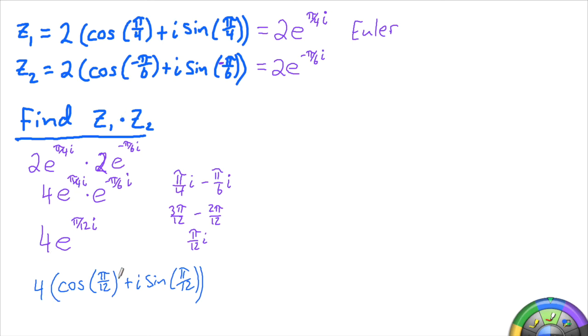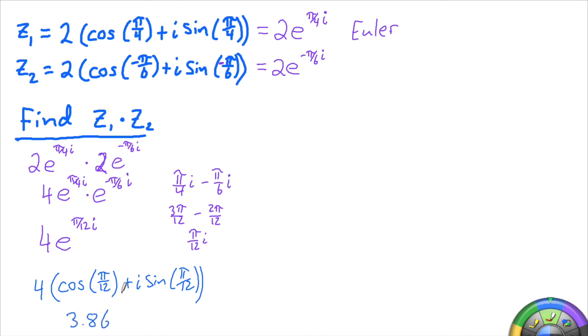Alright, so we can type this into a calculator and find out what this new complex number is. So I have to make sure my calculator is in radians. So mode, radian, alright. So we're going to go 4 times cosine of pi over 12 is 3.86. So this would be 3.86.